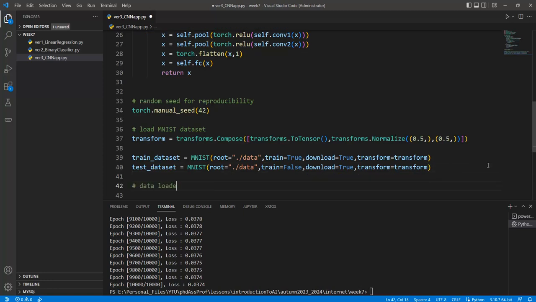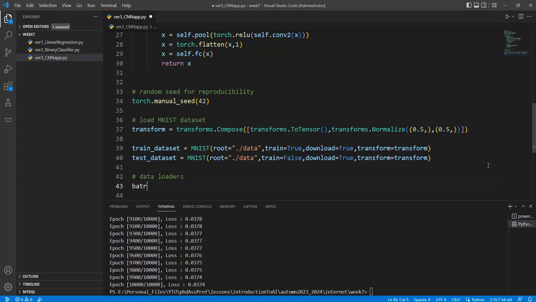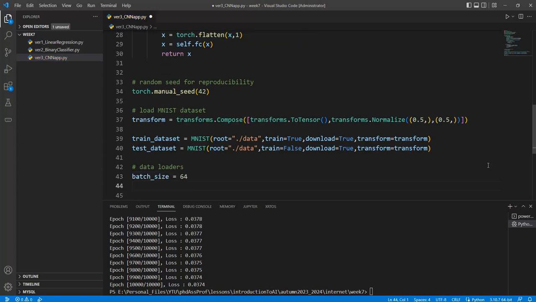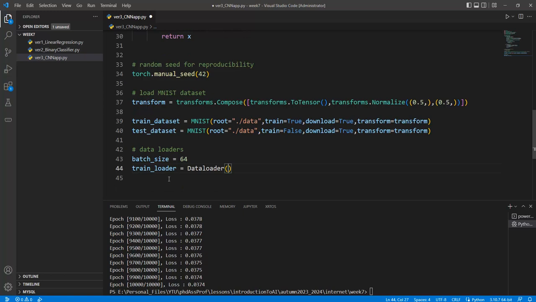Data loaders should also be given here, with batch size 64, and the train loader is the data loader. The dataset is just for the downloading operation to your folder, but the loader takes the whole image data into the train folder, to be used in the Python application.